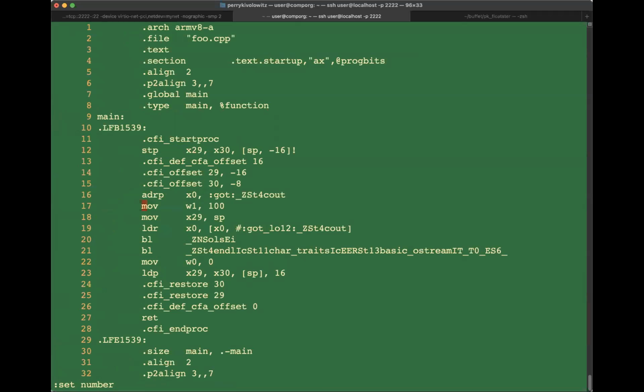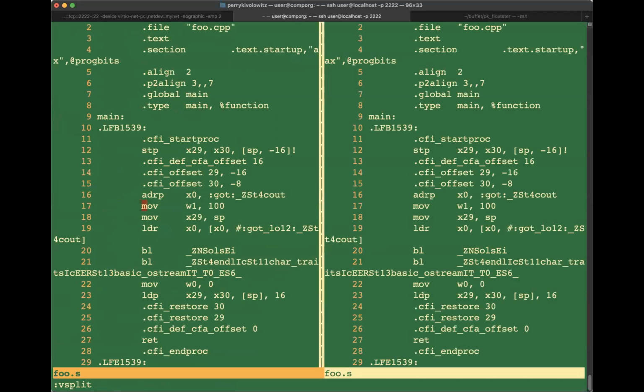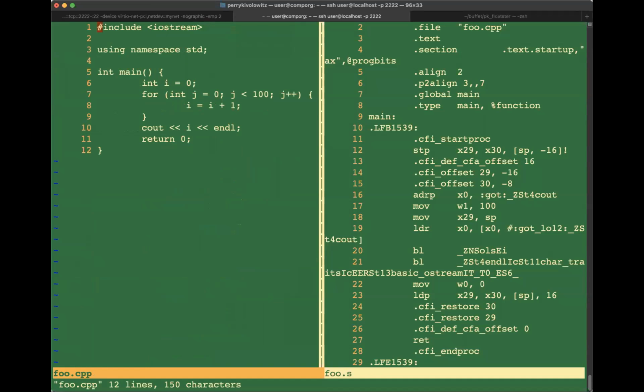On this screen, do you see a loop? No, as Jordan's face indicates, there is no loop here. Let me V split. And there's no loop there.